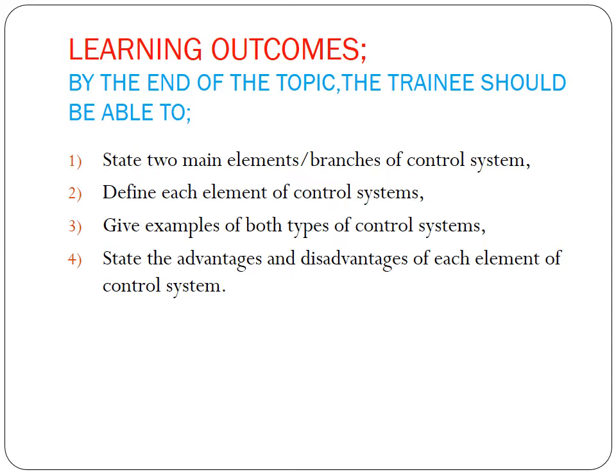By the end of the topic, the trainee should be able to: one, state two main branches of control system; two, define each element of control systems; three, give examples of both branches of control systems; and finally, state the advantages and disadvantages of each element of the control system.